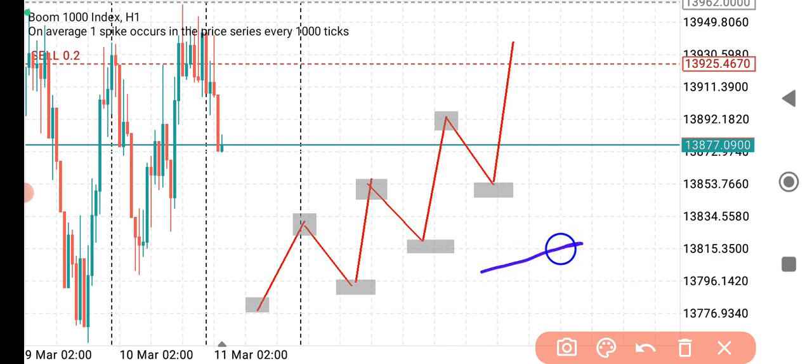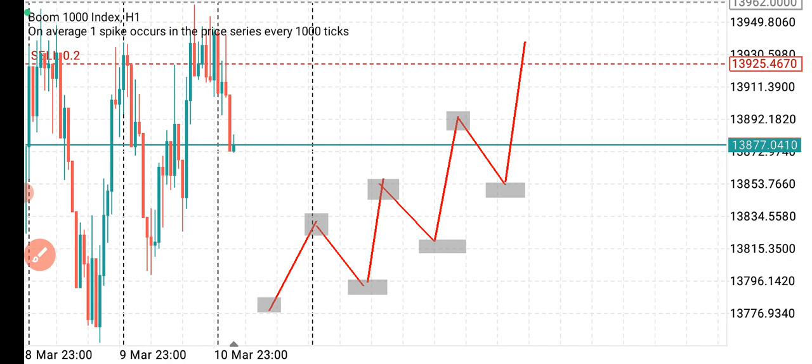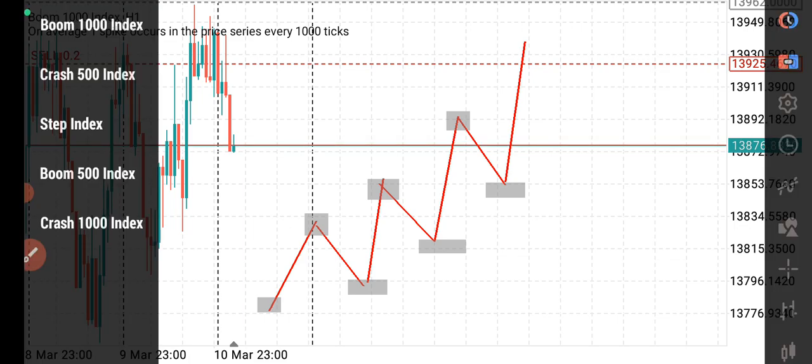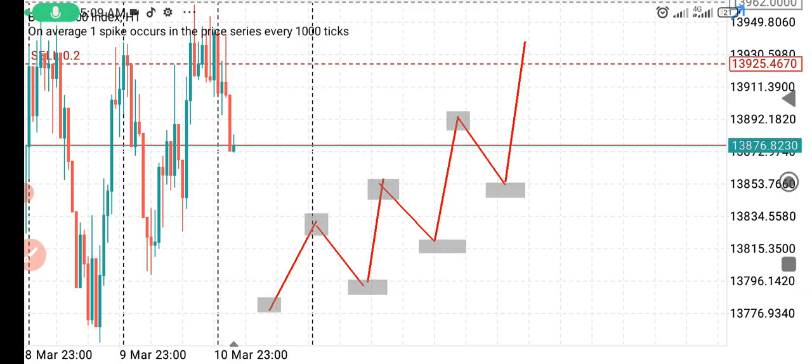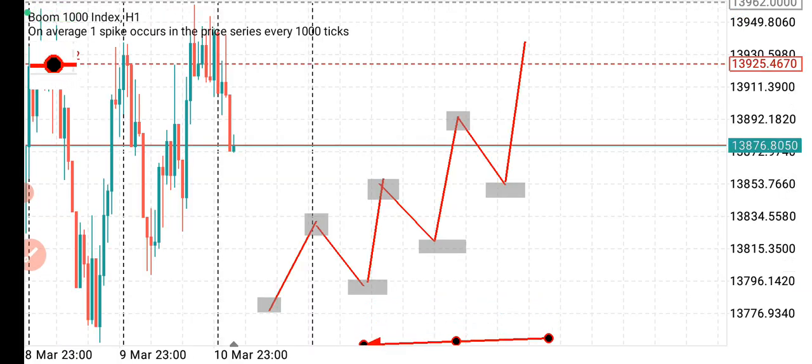But what we want to discuss basically is we want to identify our trend reversal using the Fibonacci tool. So for you to be able to identify a reversal, you need to know your range. And what is a range? The range is the distance between here and here.